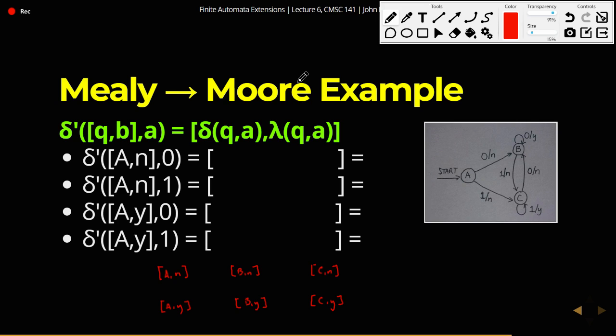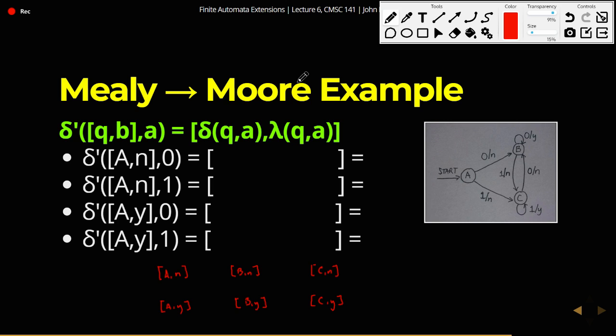Remember that the states in our equivalent Moore machine have the original states A, B, and C, but each state will have to be expanded with the possible output symbols. So we have AN, AY, BN, BY, and CN, CY.